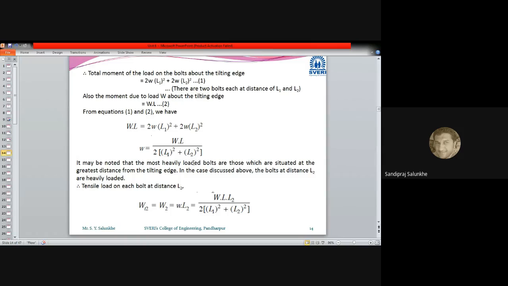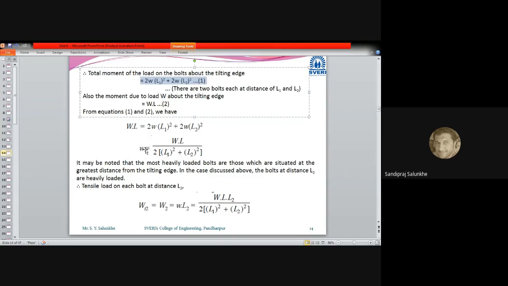Now the moment due to the external load W which is acting will be equal to W into L. So from equations 1 and 2, this total moment should be equal to the moment at the first and third bolts and the second and fourth bolts. So W into L is equal to twice w L1 square plus twice w L2 square.